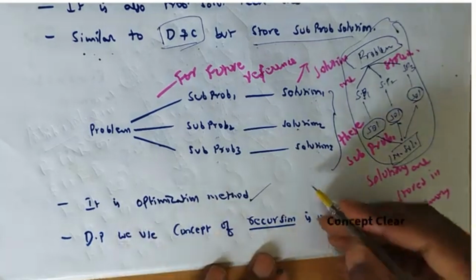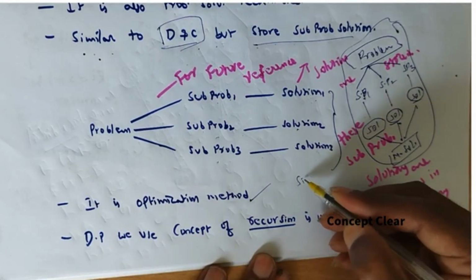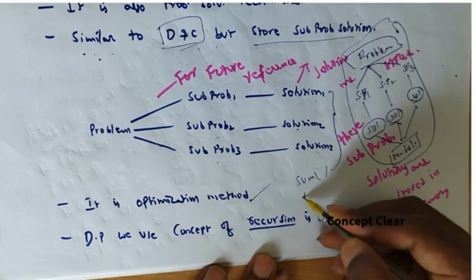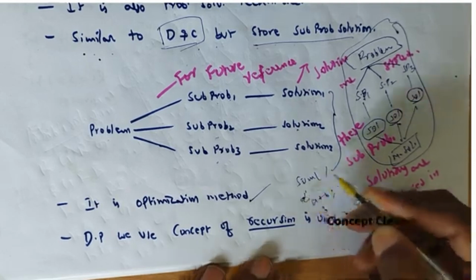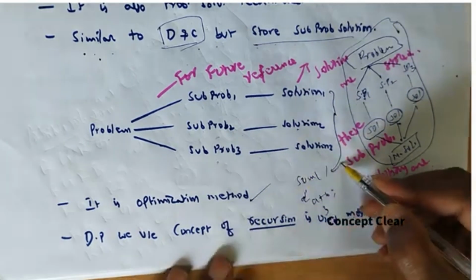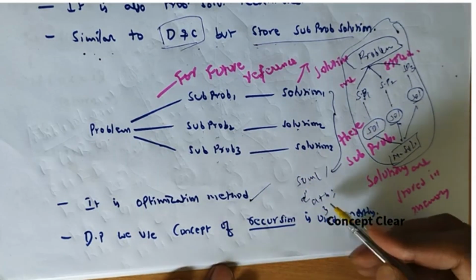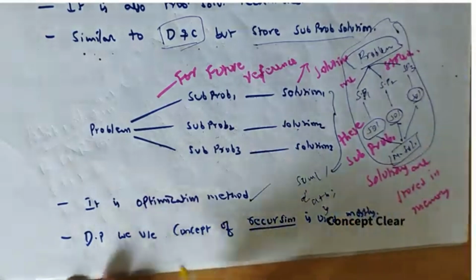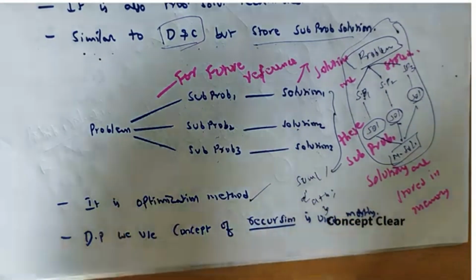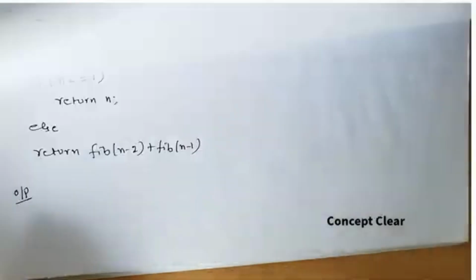For example, consider a function sum of a plus b. We declare the function sum only one time, but we can call a plus b multiple times. That is also recursion. In dynamic programming we will use the recursion concept.